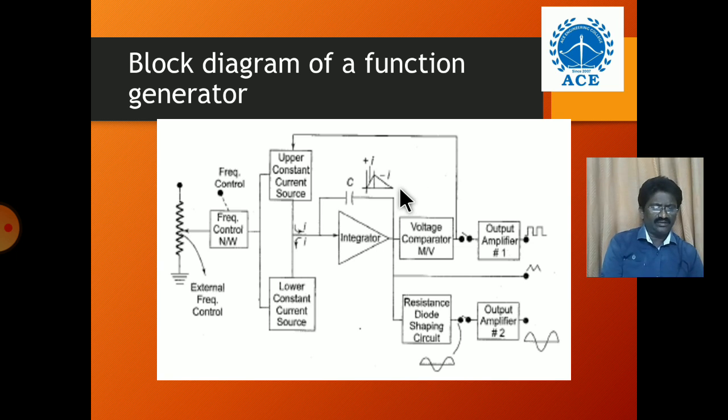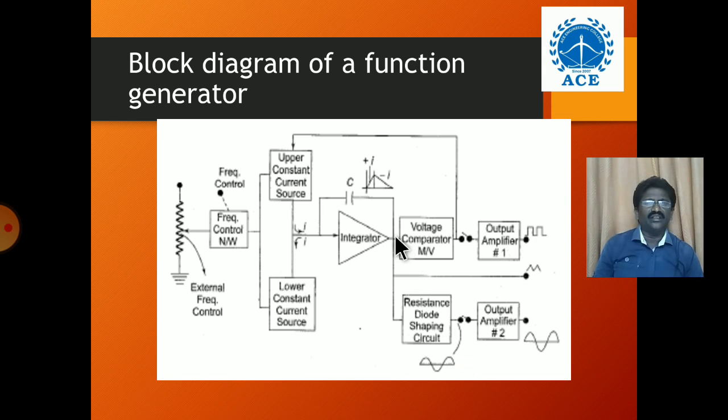Here the integrator output is generally a triangular wave, whose frequency is determined by the magnitude of the constant current sources. The comparator output is a square wave of the same frequency. The resistance diode circuit delivers a sine wave from the triangular wave with less than 1% distortion.